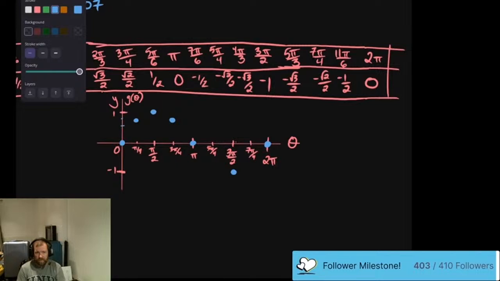And 5 pi over 4 and 7 pi over 4 have our negative 0.707 values.